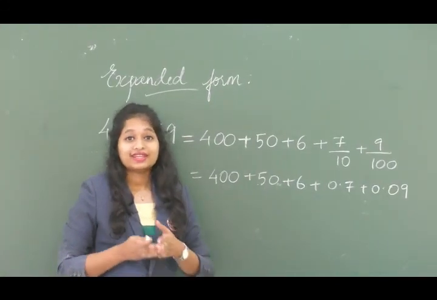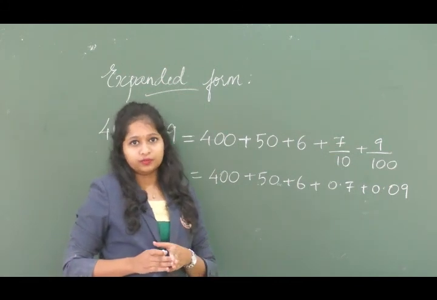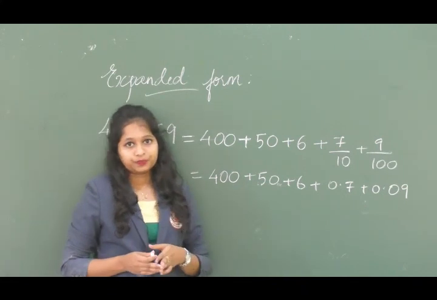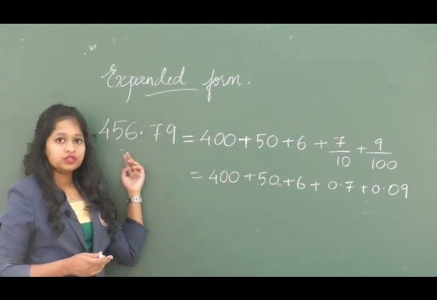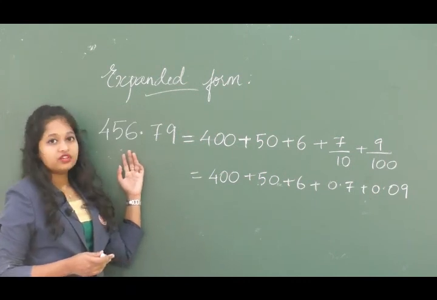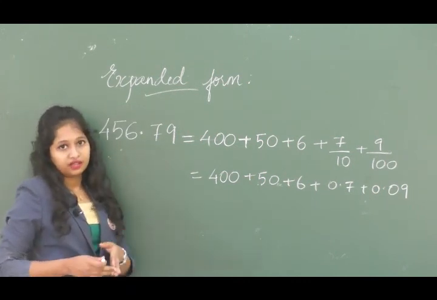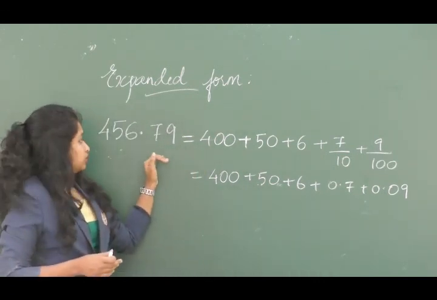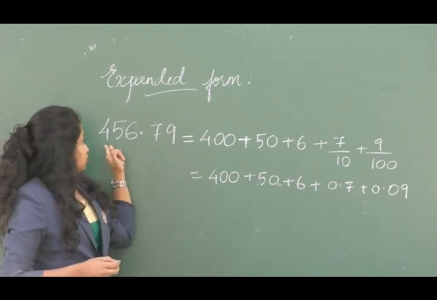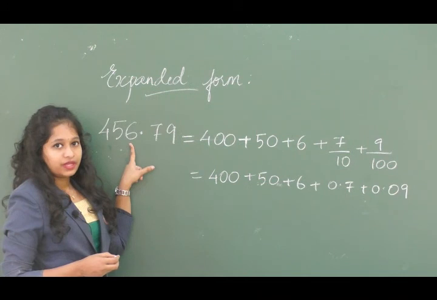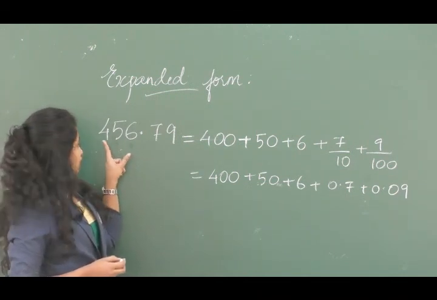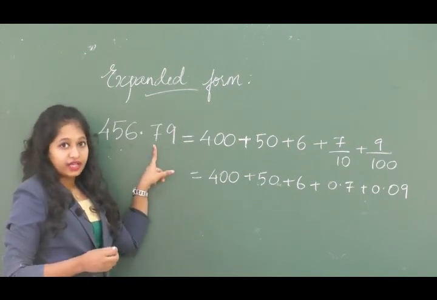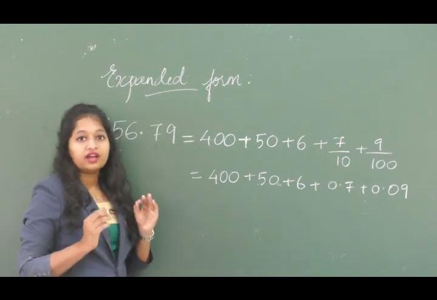So you have learned expanded form of a whole number, right? Now let's learn the expanded form of a decimal number. I have a question here to expand 456.79. So we have learned the place values of all this, right? So the 6 is in ones place, 5 in tens, and 4 in hundreds place, and 7 is in tenths place, and 9 in hundredths place.